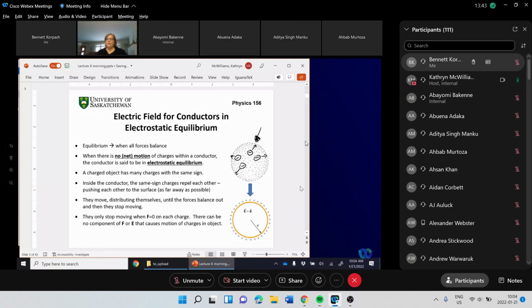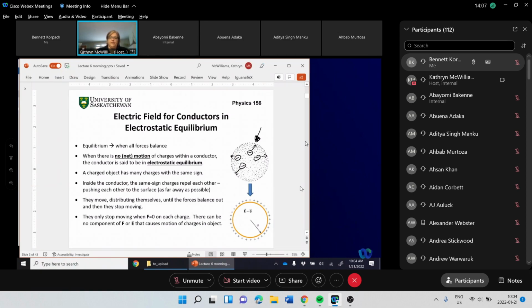We can talk more about specific things like equilibrium and what the electric field looks like. But essentially, if you put a charge on a conductor, they will repel each other, and because they're free to move in a conductor, they'll spread out to the surface.